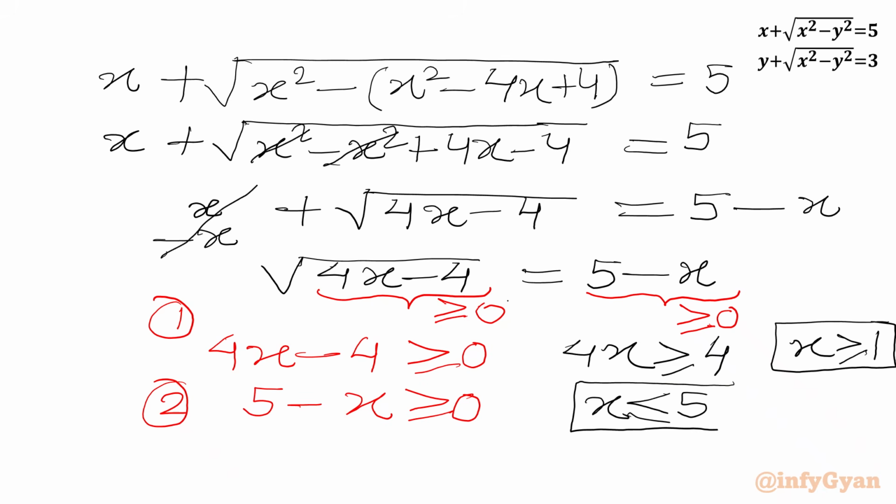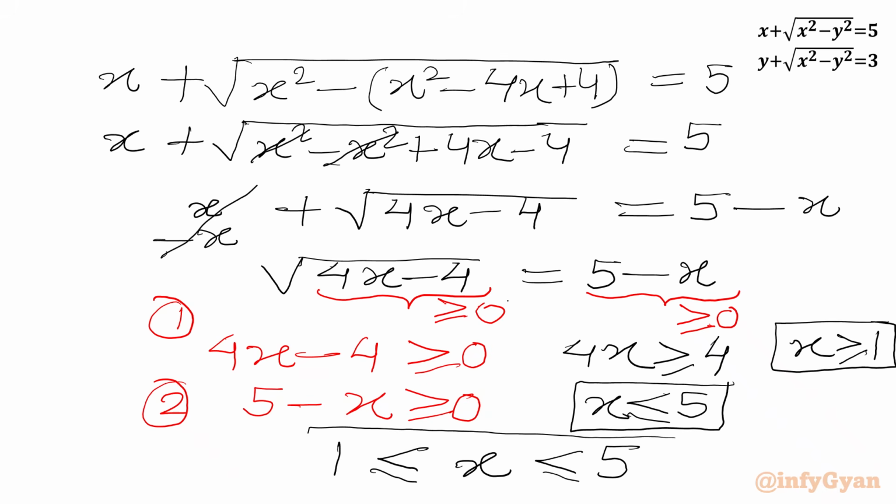So there are two conditions which x has to satisfy, and x should be in the interval 1 to 5. If our x value is in the interval 1 to 5, then we'll say our solutions are real.